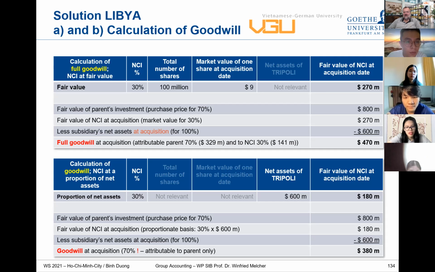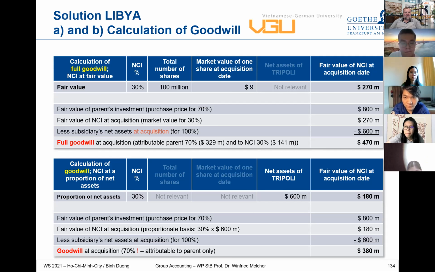So there is one suggested solution. The proportion of net assets is allowed under IFRS. So we would only be able to account for a goodwill that is related to the parent, and we would not go for the full goodwill method. I think that is your answer.